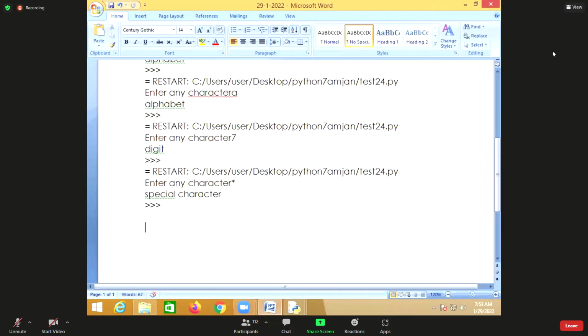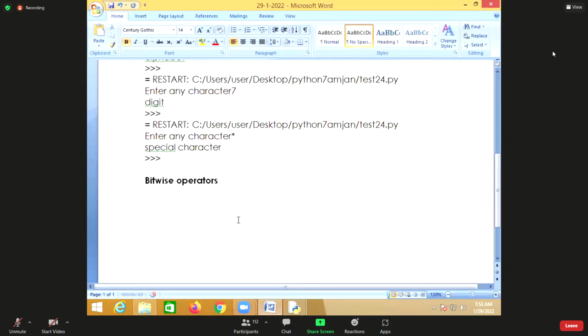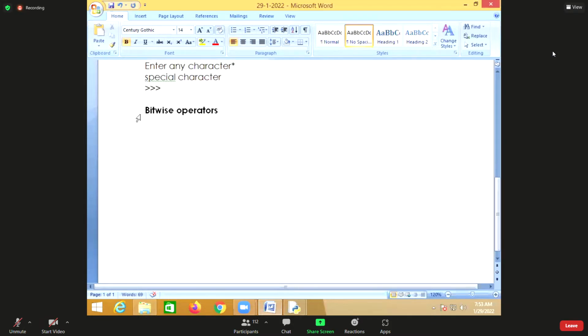Now next we'll go for another category, which is called bitwise operators. This is one more category.